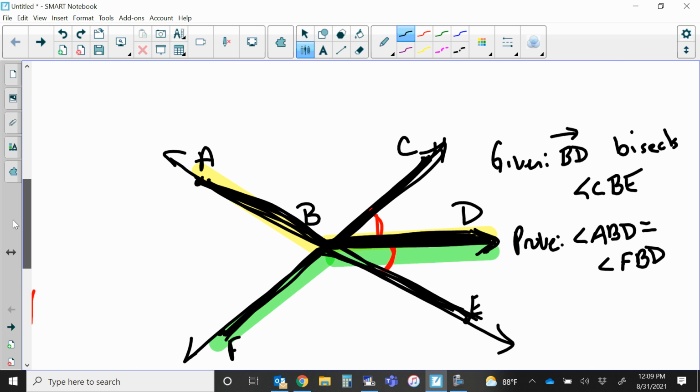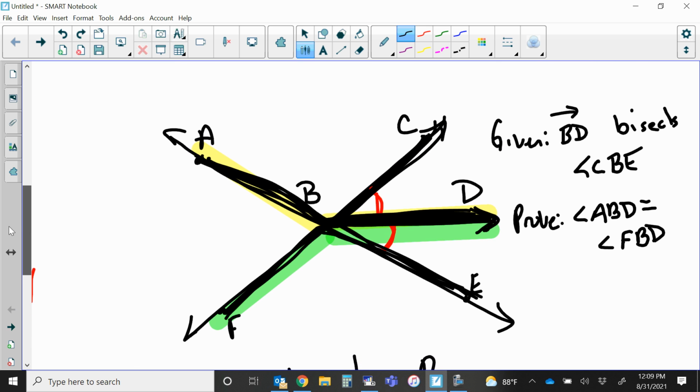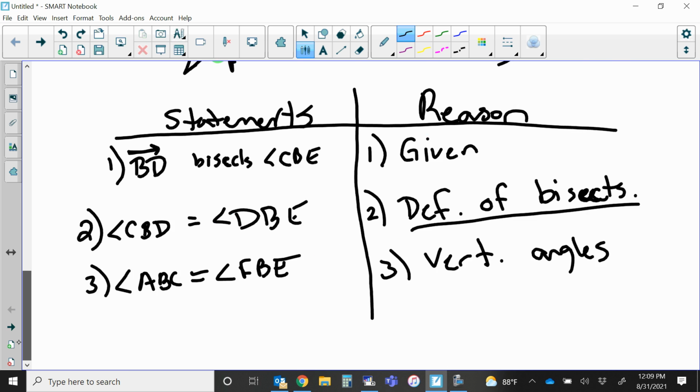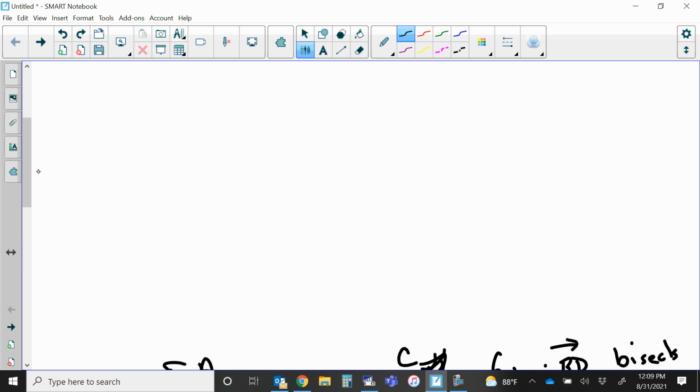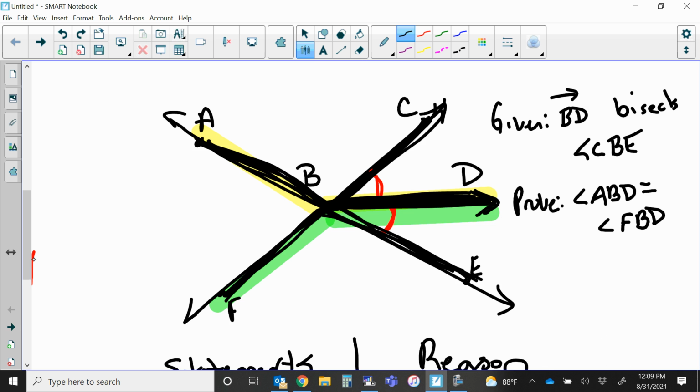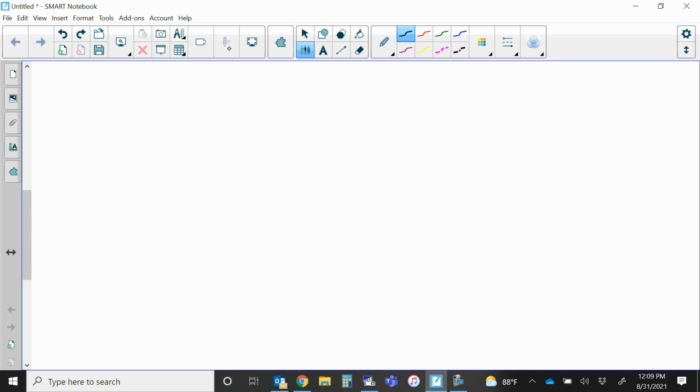Do you follow me? Do you see how you've shown these two are the same? We will finish this proof tomorrow. There will be homework. You're going to start trying to work on these proofs.